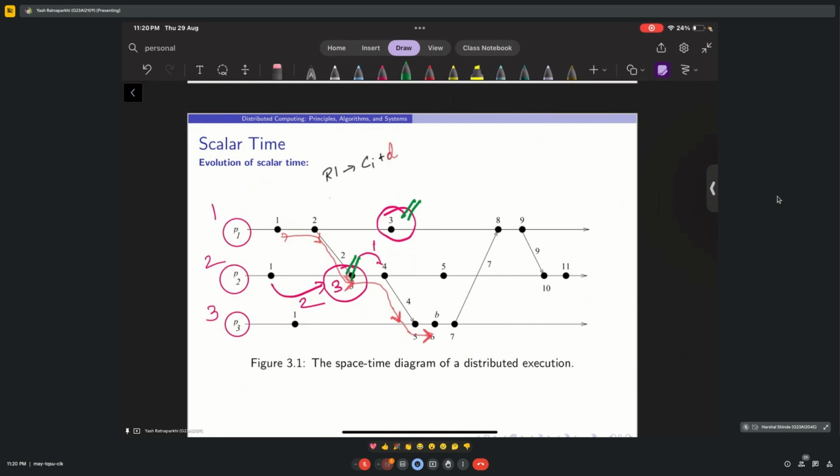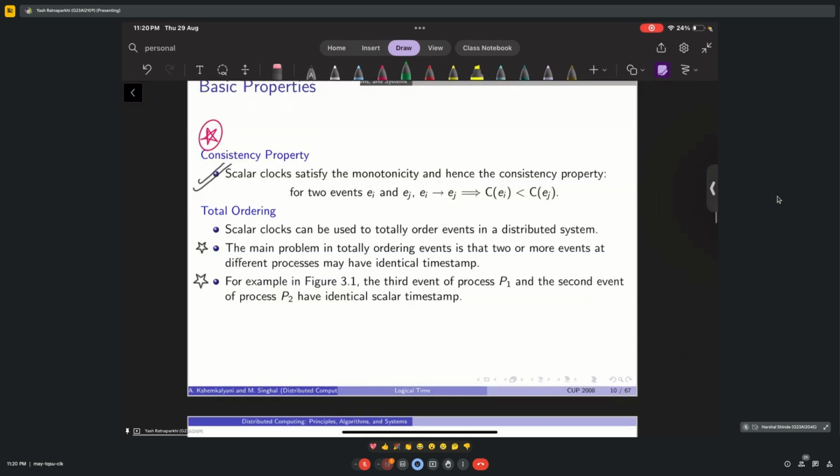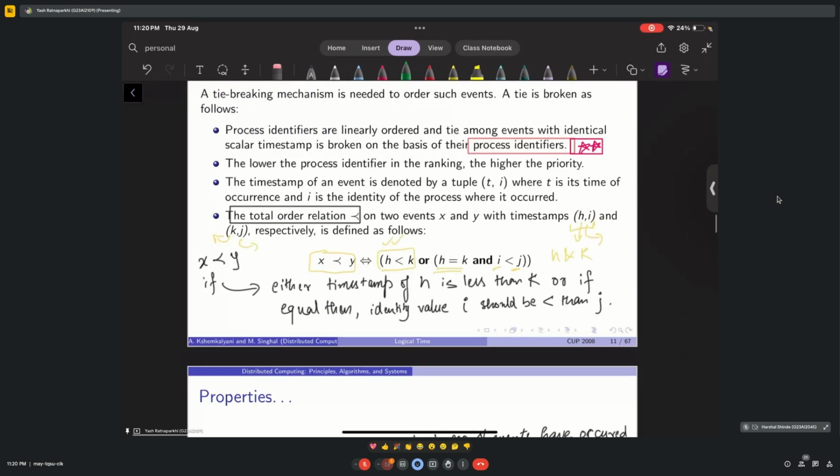The lower process identifier value will get the priority first. In other words, the process having the lower identifier value will happen before, which means the priority will be given higher to it. That's the point here: the lower the process identifier in the ranking, the higher is its priority.